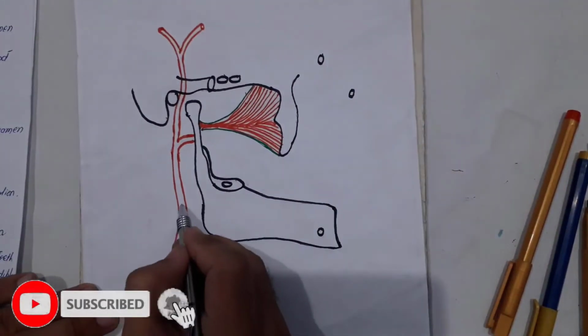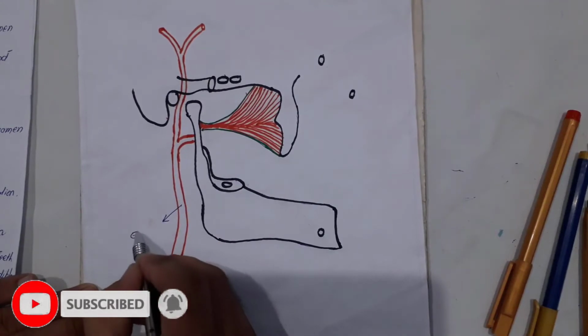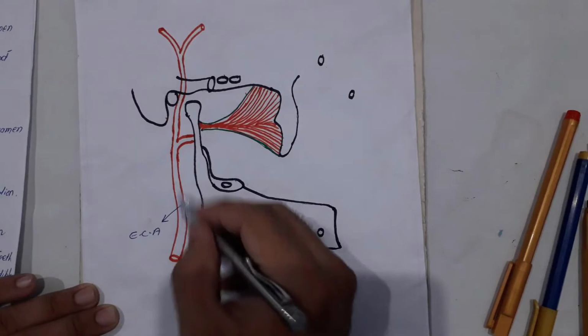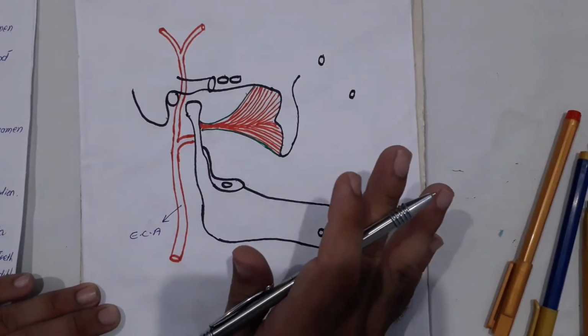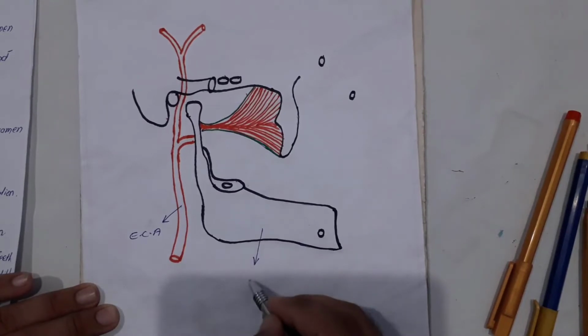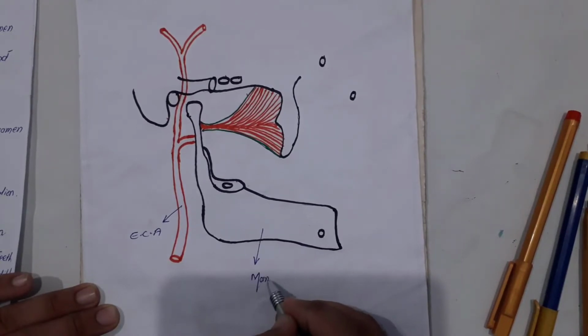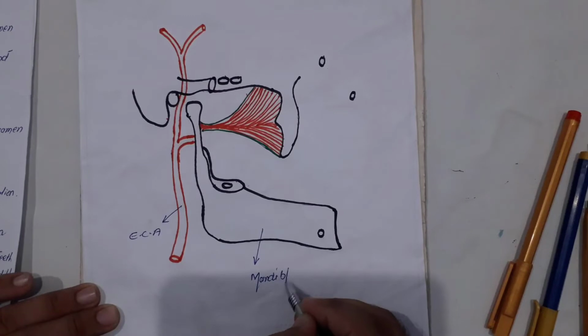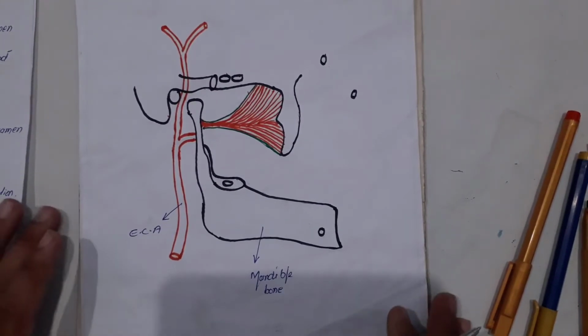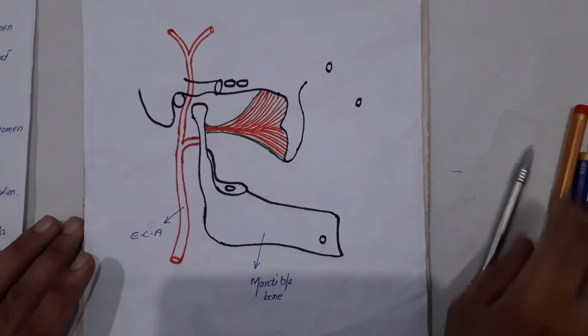Friends, you can see this one is our external carotid artery, right? And on the way it gives many branches, but we are not concerned with those, right? This is our mandible bone. Now let's see carefully.